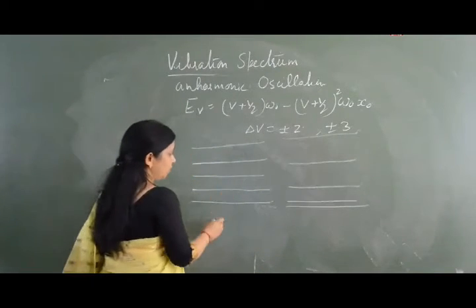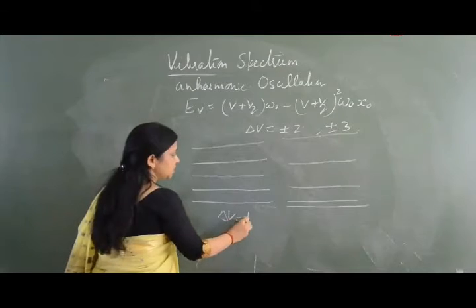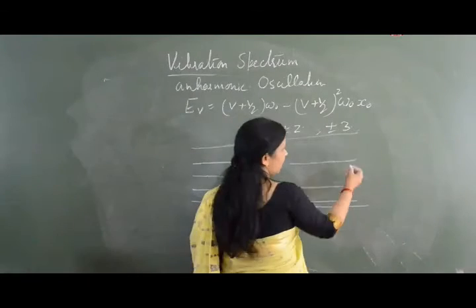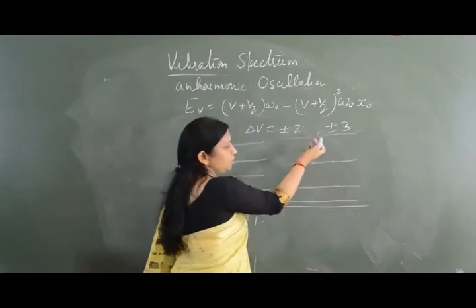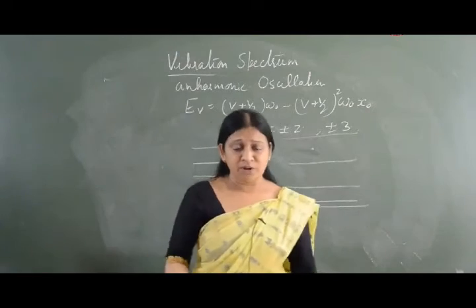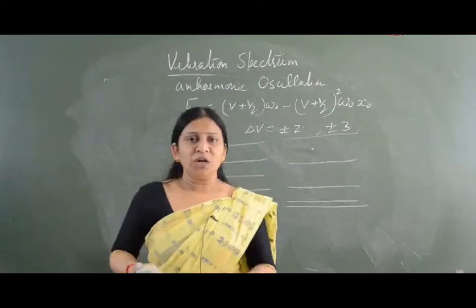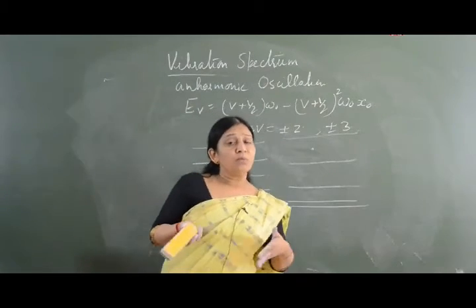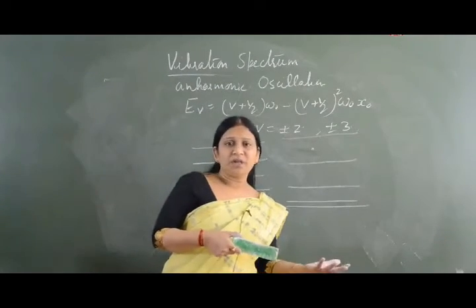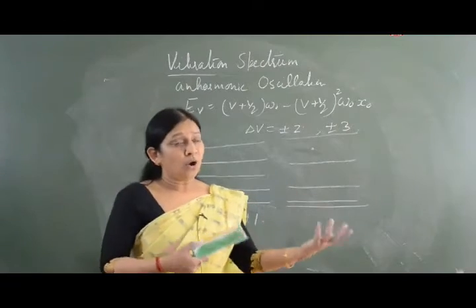In case of harmonic, the rule was plus minus 1, and in case of unharmonicity, it can be either plus 2 or plus 3. So this is the difference between when a diatomic molecule is vibrating as a simple harmonic oscillator or as an unharmonic oscillator.